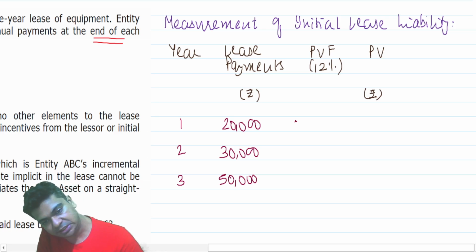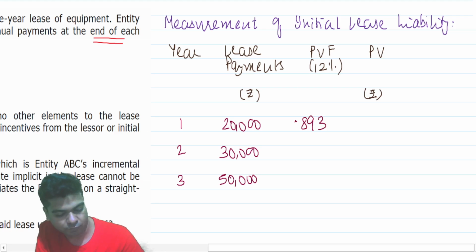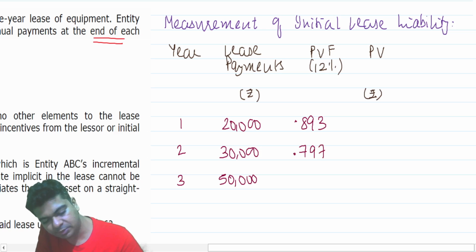Present value factors at 12%. Carry out the discounting.